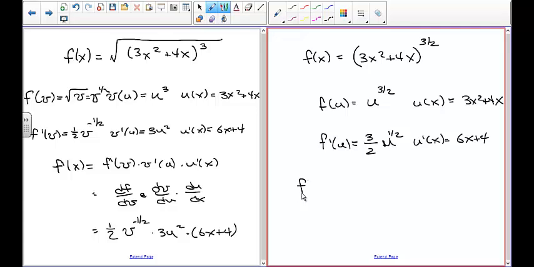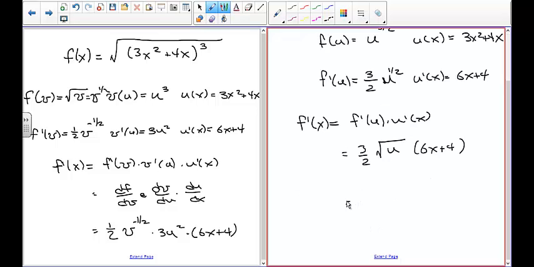So if you figure out f prime of x here with just two terms, you get f prime of u times u prime of x. F prime of u is 3/2. I'm going to rewrite the 1/2 power as the square root. Then you have 6x plus 4, and then I can plug u in there, and I'll multiply 3 times those.